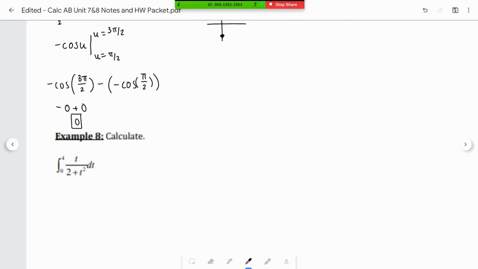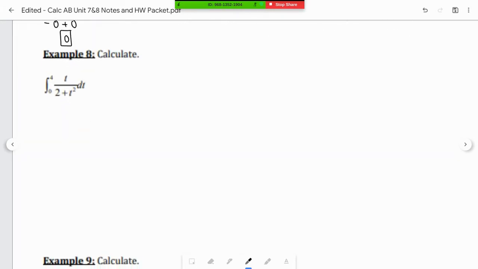So looking at number 8, we're going to do kind of the same thing here. We want to do a u substitution. I'm going to make my denominator function equal to u because that has the higher exponent. And when I take the derivative of that, du dt gives me 2t.